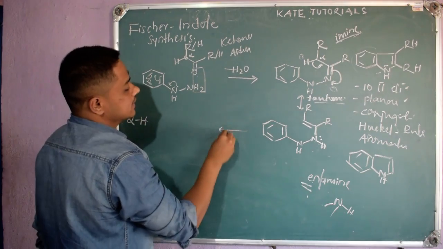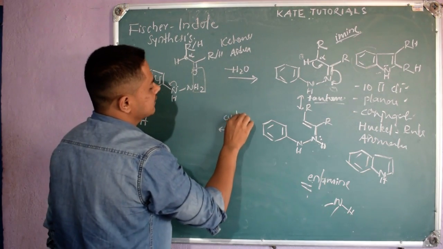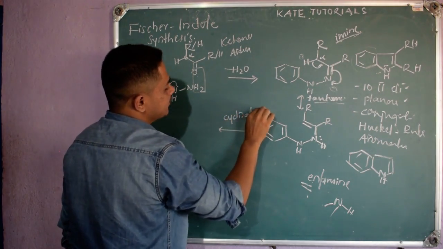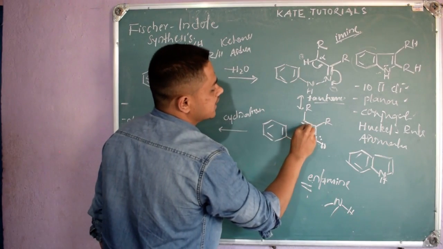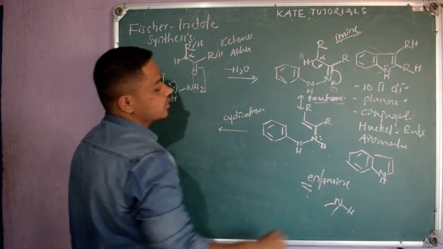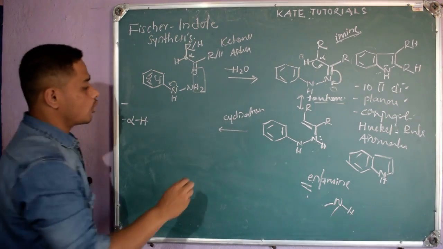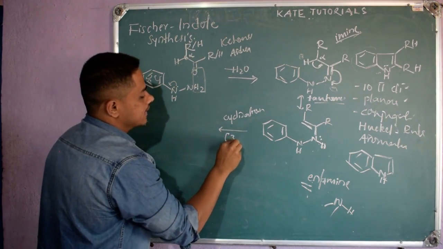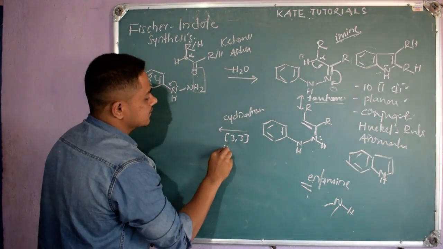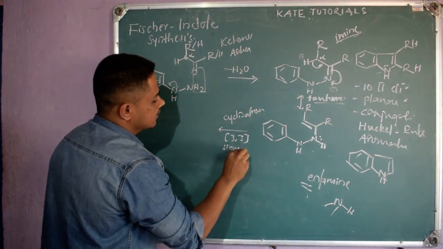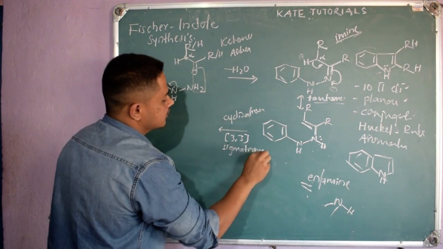In the next step, cyclization happens. Why does this cyclization happen? Because here there is a double bond, and you might have studied the 3,3 sigmatropic reaction.